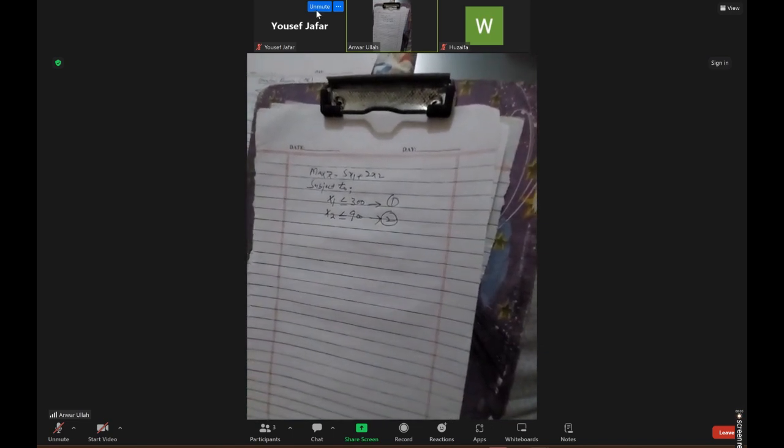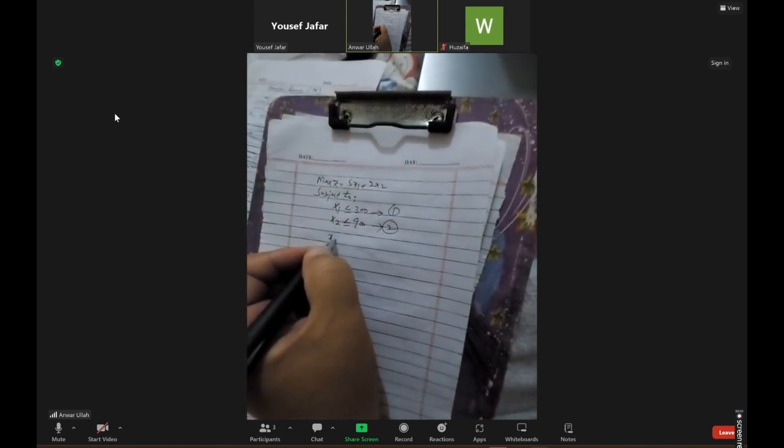Now, what will be the third constraint, which is universal for all linear programming problems? The third constraint will be the non-negativity constraint, that x1 and x2 must be greater than or equal to 0. It means that you must produce something. It cannot be less than 0, either x1, the number of bags, or x2, the number of wallets.